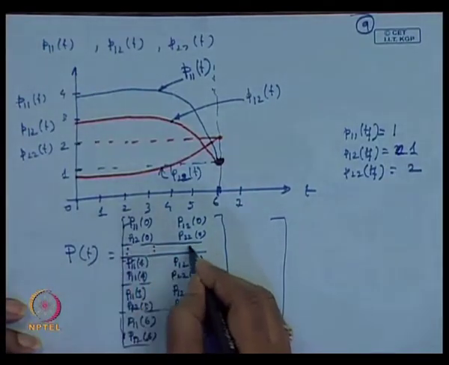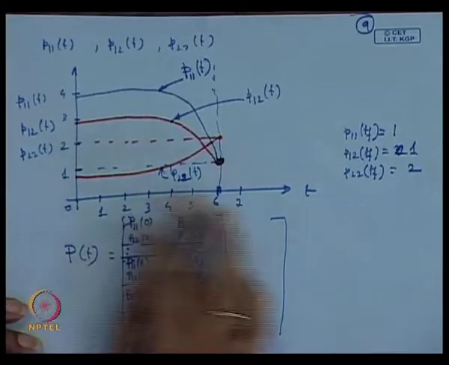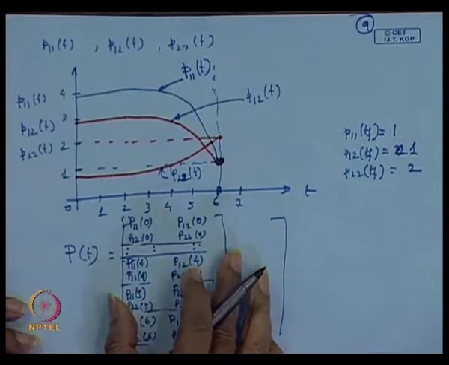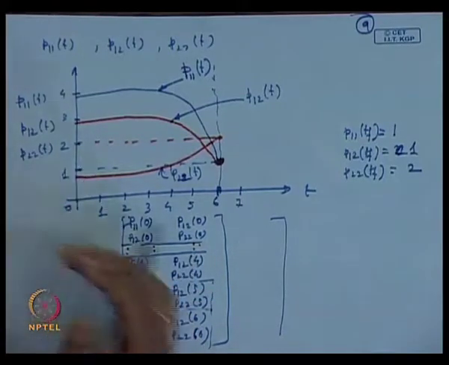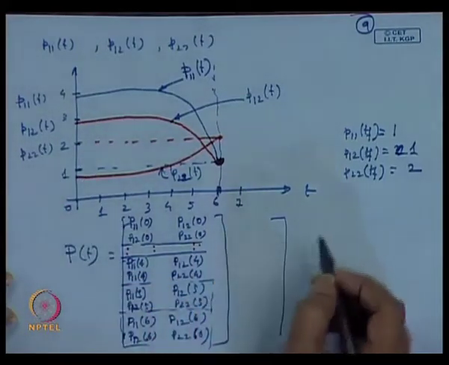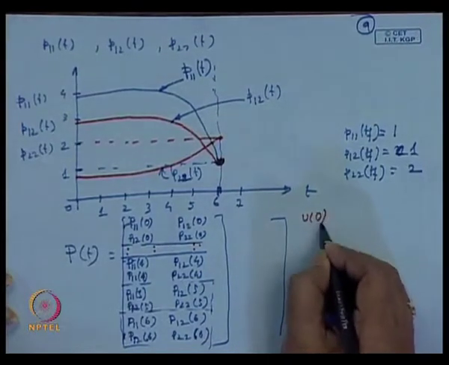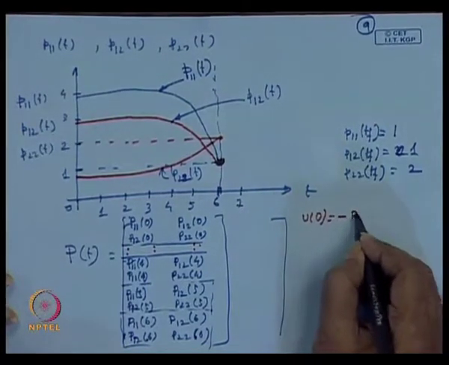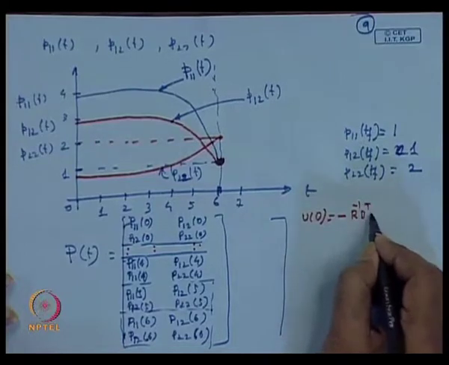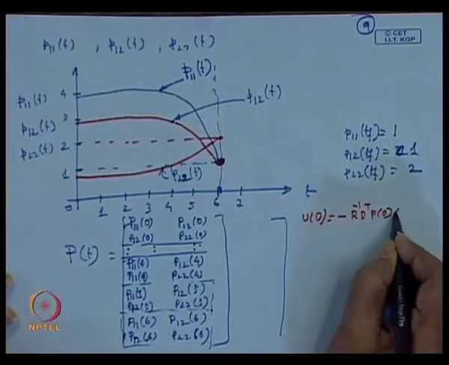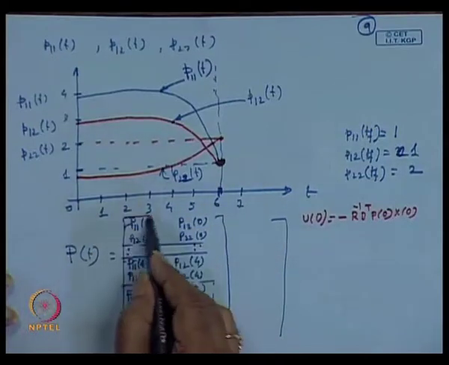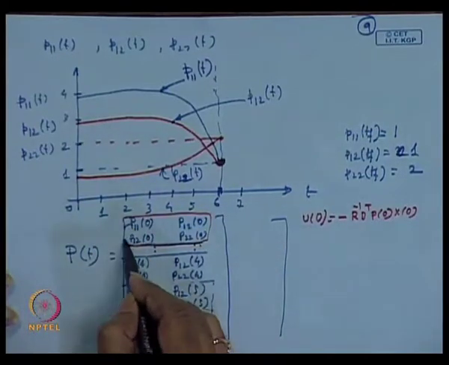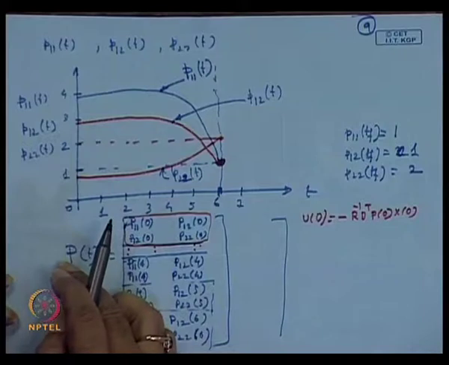This computation you have to do as offline computation and then store it in memory. Whenever you need it, let us call it, I want u of 0, which is minus R inverse B transpose P of 0 into x of 0. So you retrieve the P of 0 information from the stored memory.